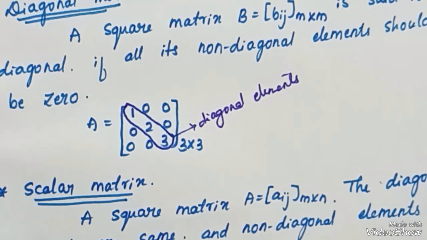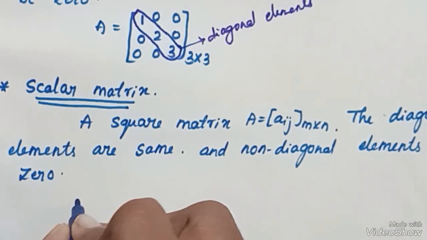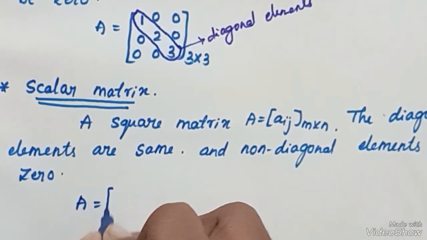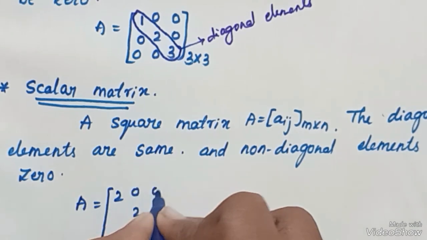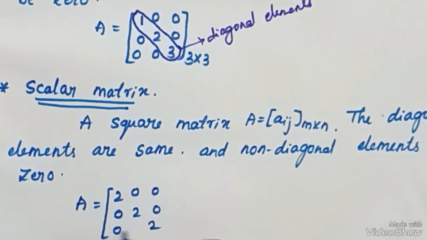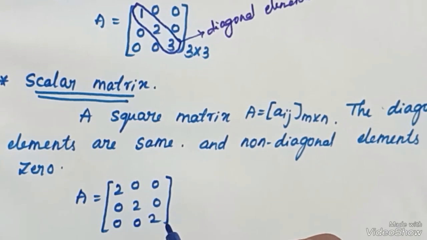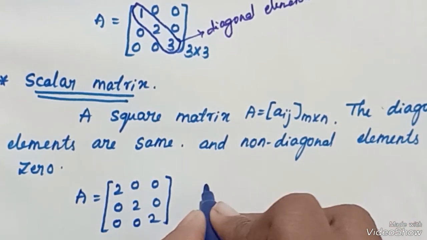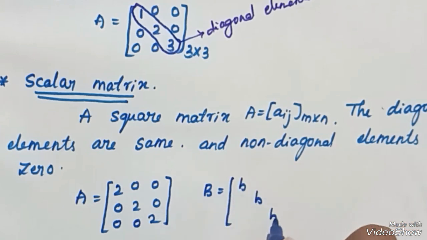For example, take a matrix with diagonal elements 2, 2, 2. Here all the diagonal elements are the same. Taking another example, here b, b, b.